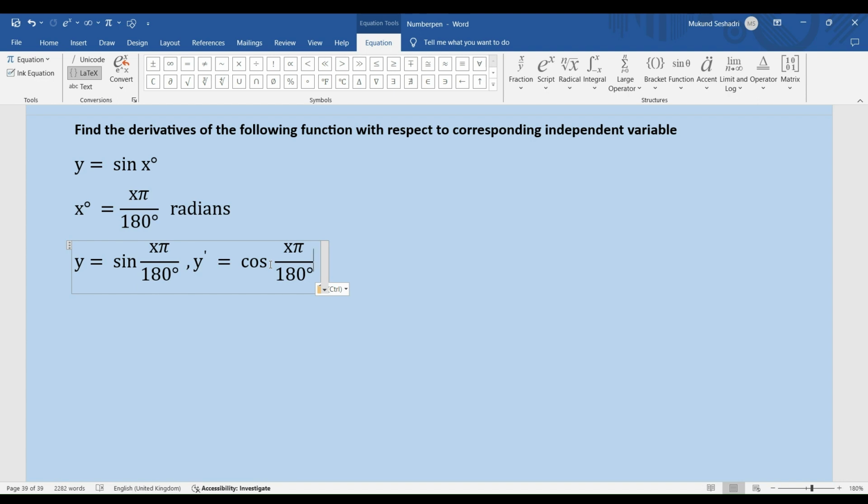So I don't have to worry about that, right? And then I do a d by dx of x pi by 180, right?